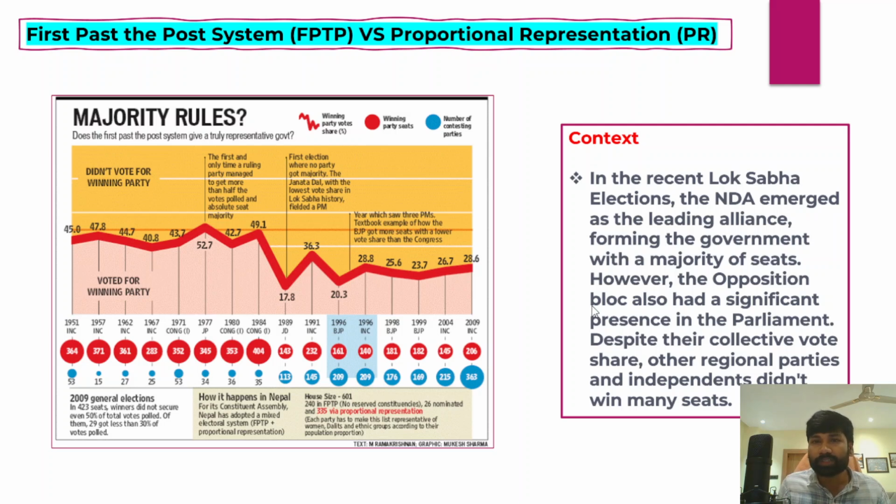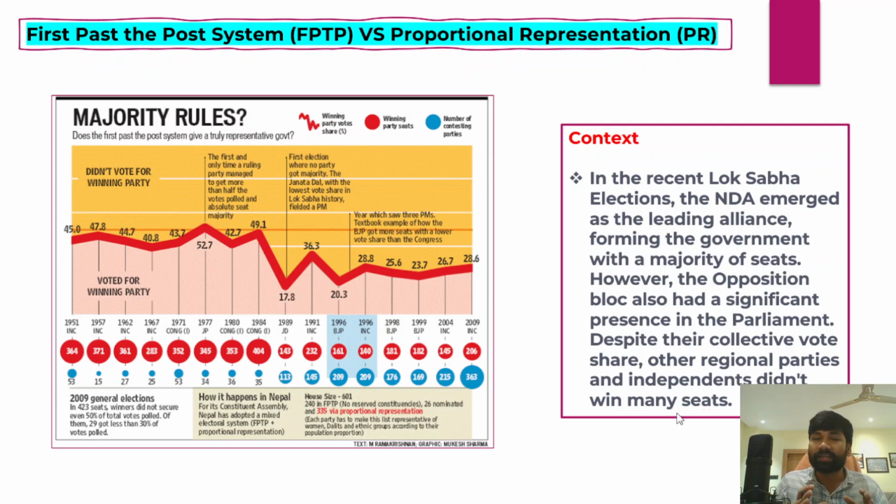However, the opposition INDIA bloc, as it is very popularly known, has also got a significant presence in the parliament in this 18th Lok Sabha polls. However, despite the collective vote share of the opposition, the regional parties and independents did not win many seats.